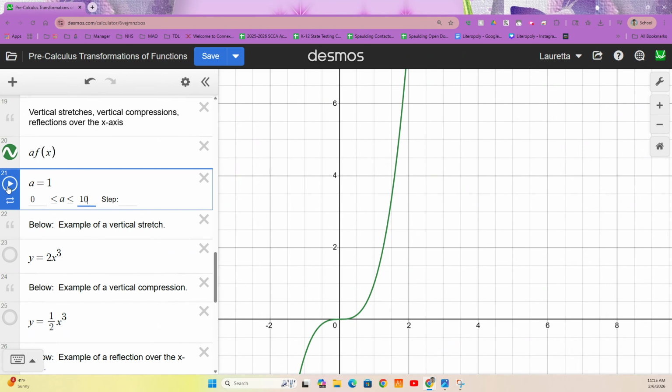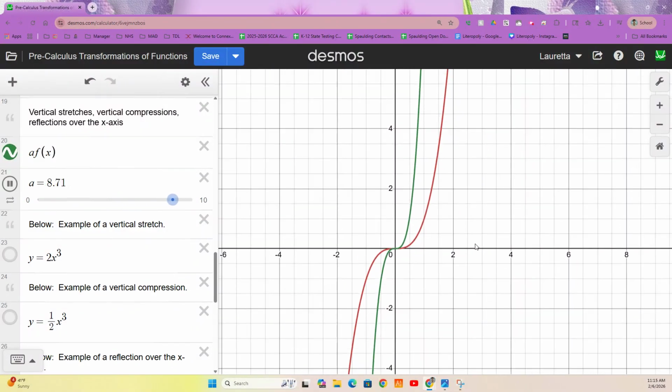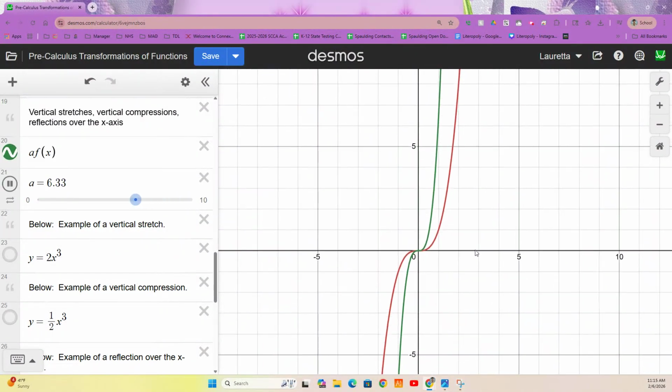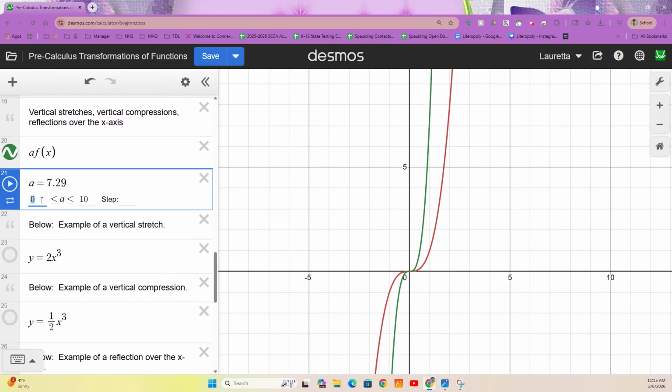So for values of a that are greater than 1, you have a vertical stretch. Sorry, I needed to change this. Let me change this to 1, not 0. Let's play it again.